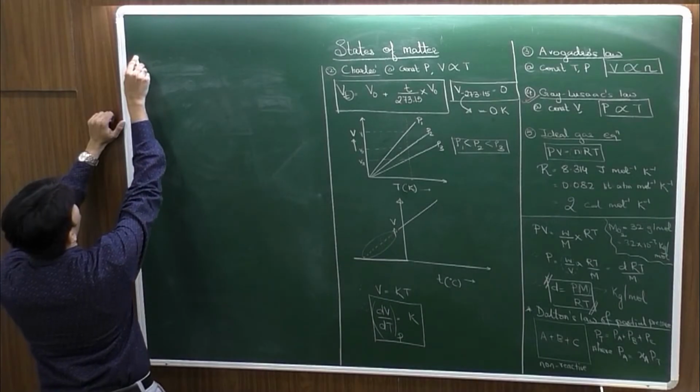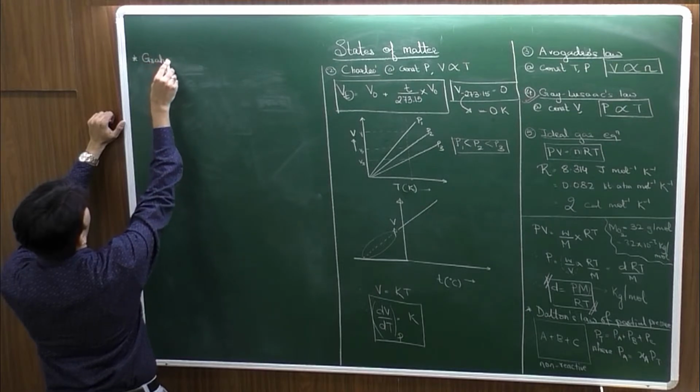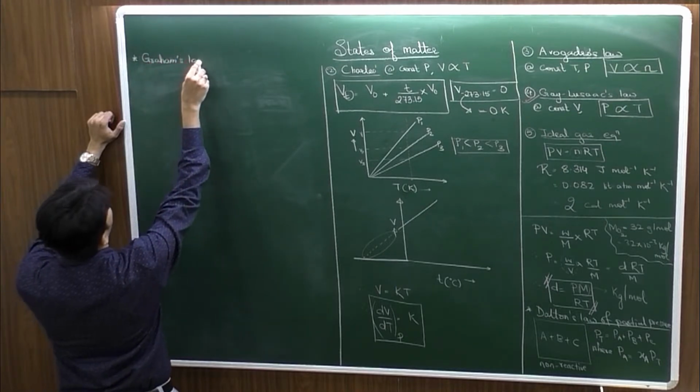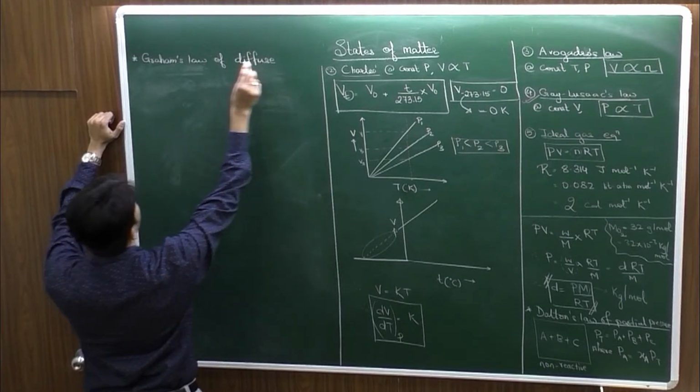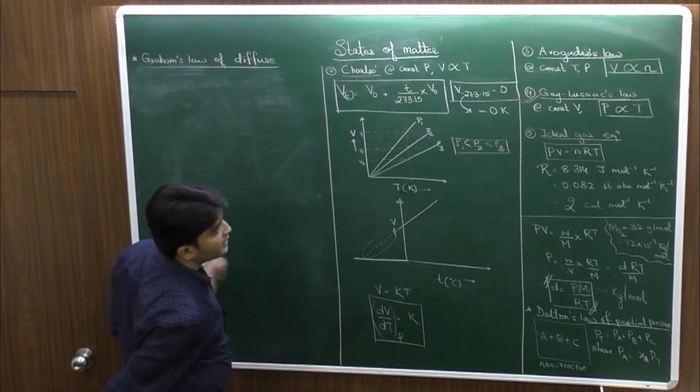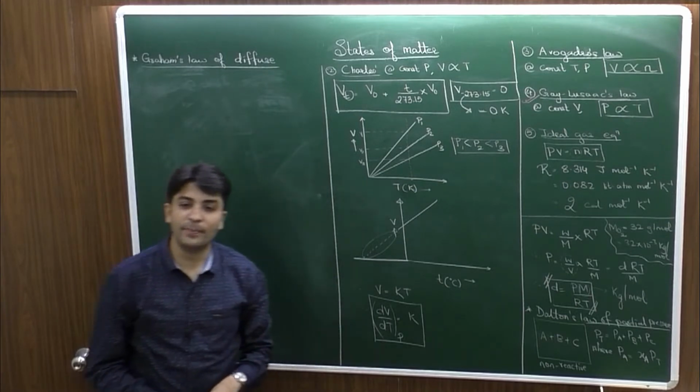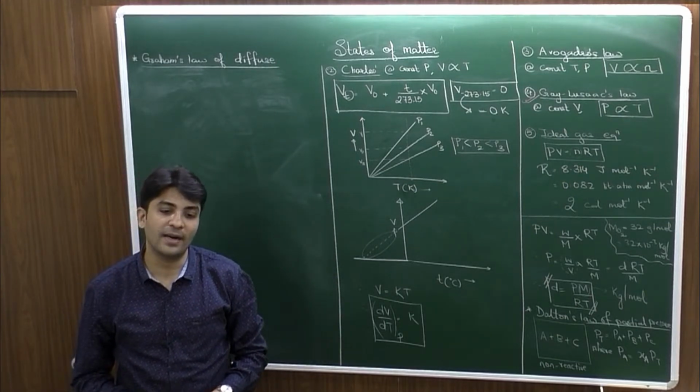After Dalton's law, we also have Graham's law, and this is for diffusion. So when gases are diffusing with respect to each other, the speeds of diffusion depend on their molar masses.